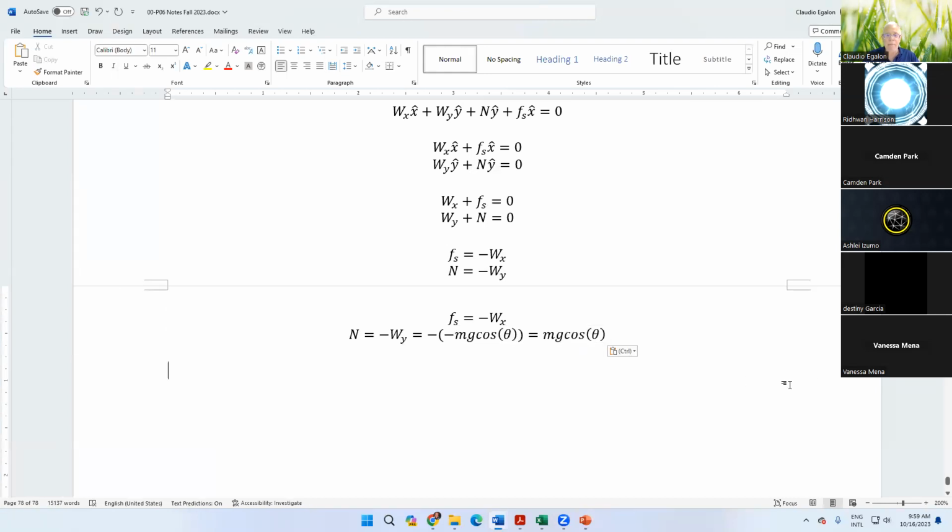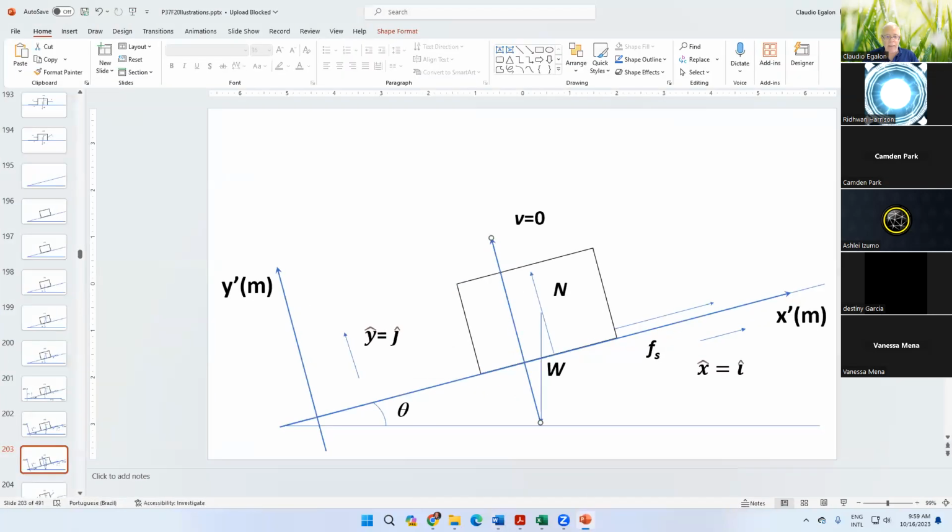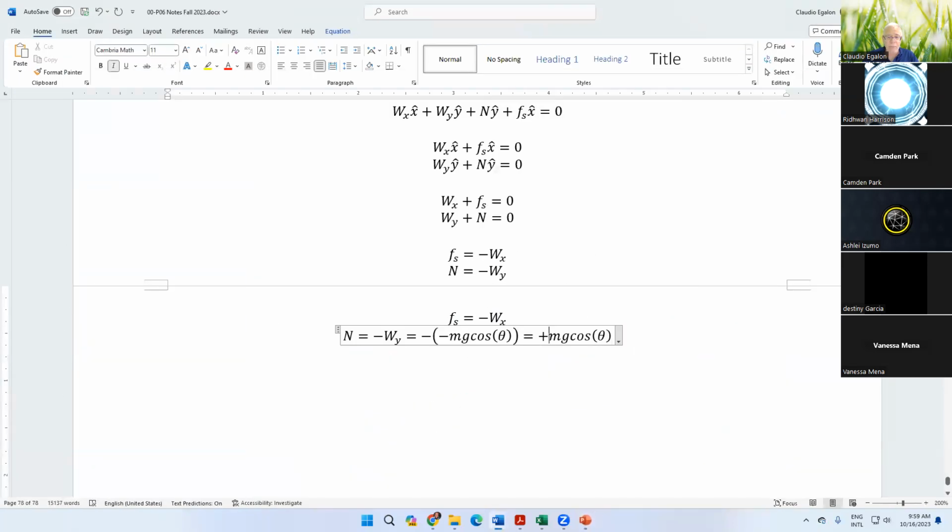The normal is going to be along the positive direction of the y-axis. Now take a look at the x component of the weight. The x component of the weight is pointing to the left, right? It's this component here. Now it's going to be a sine, because this side is opposite to the angle.